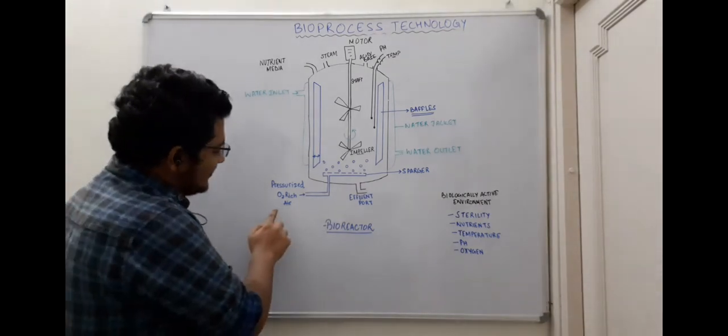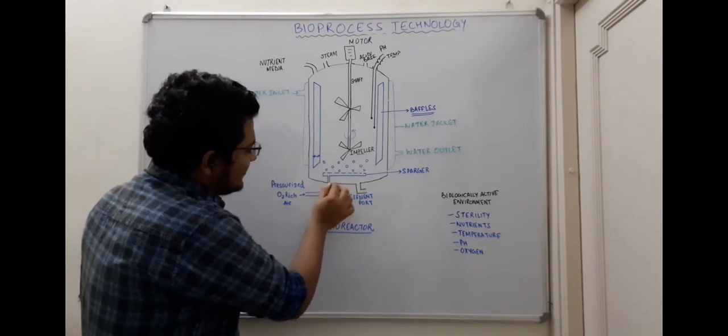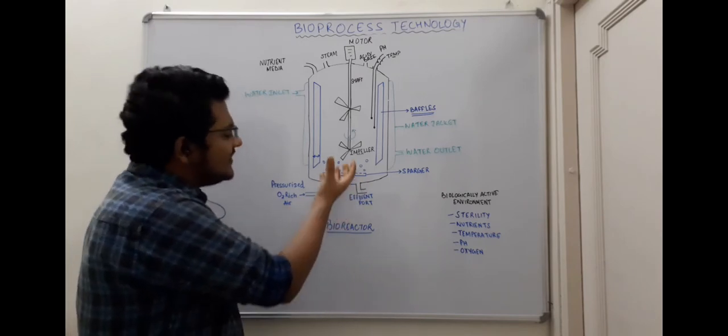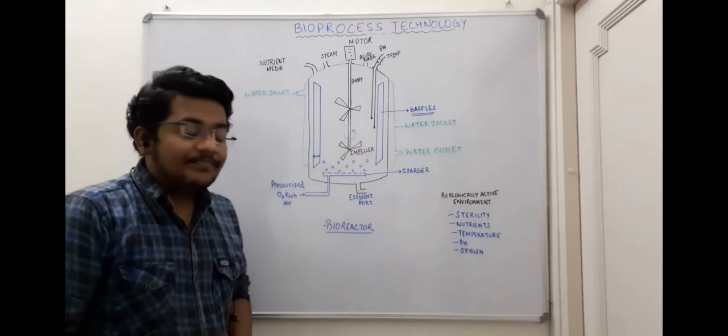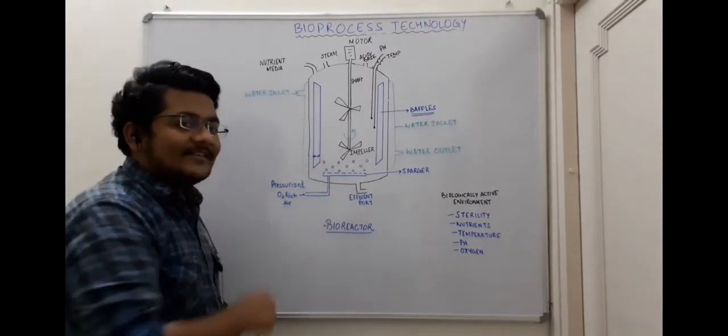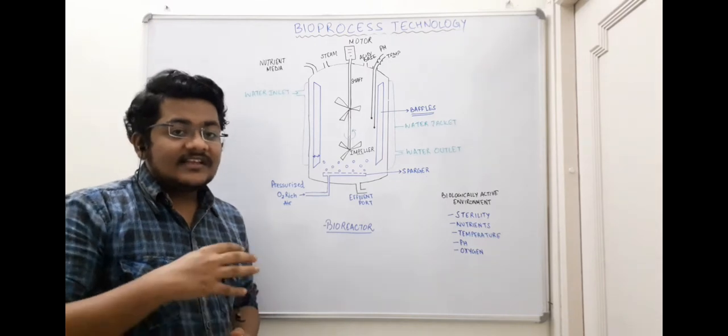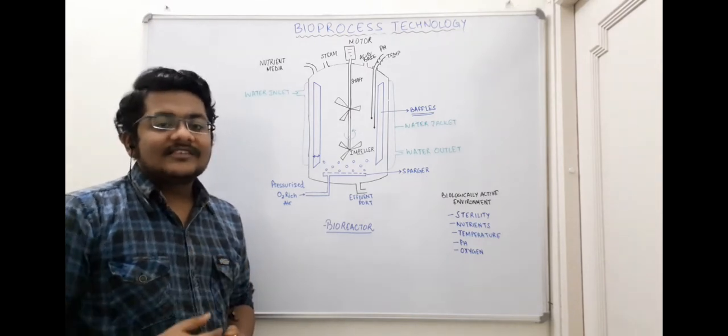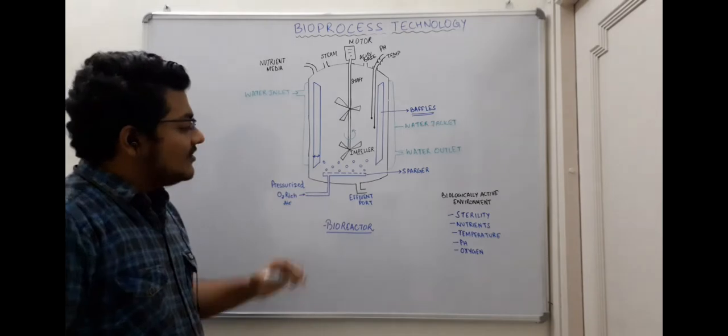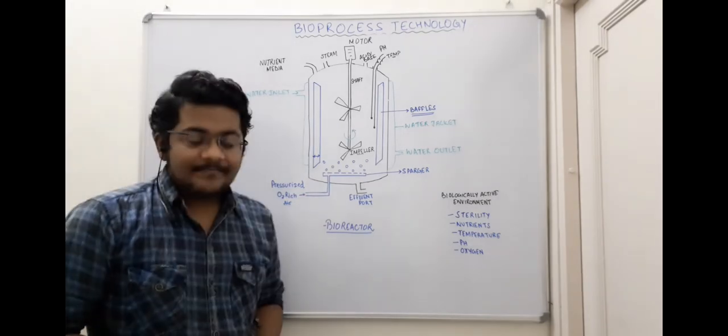Oxygen rich air passes through this sparger, and from these pores it emerges as bubbles, and these bubbles are broken by the impellers and mixed with the nutrients and the cells. Now the cells can easily uptake oxygen from the surroundings. So oxygen is now also maintained.